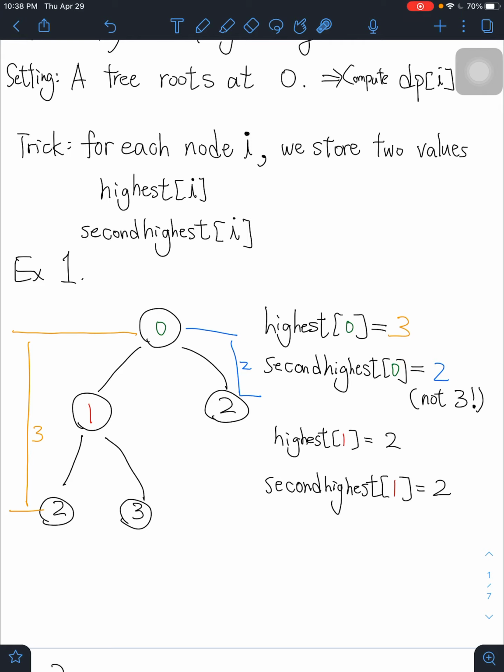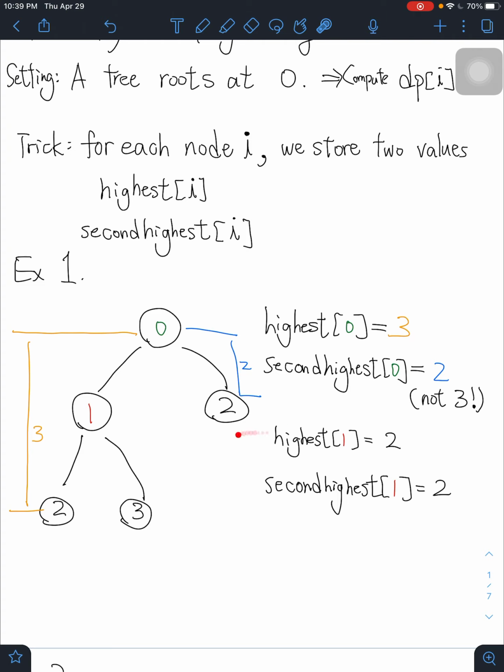Notice that you may wonder, you can step like 0, 1, and then 3. But in this case, we will set it to 2 because we only have two choices. So it's like the highest over its, in this case, 0's children, and the second highest over 0's children.